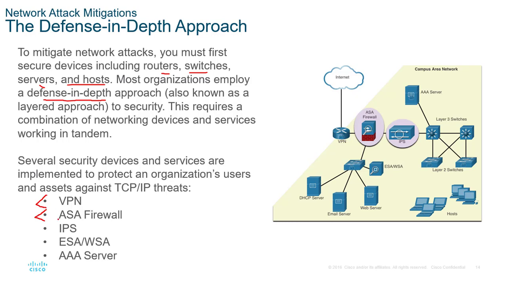The Adaptive Security Appliance from Cisco is an example of a network firewall. Intrusion prevention services allow you to monitor network traffic and act on that, possibly changing firewall rules to mitigate an ongoing network attack.